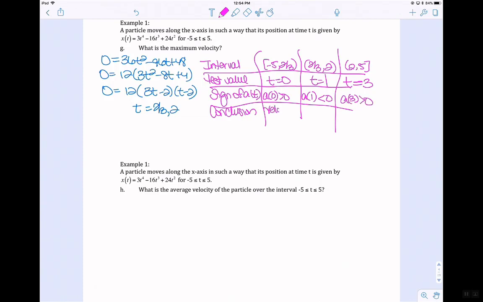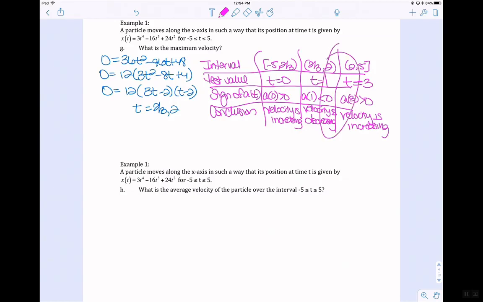So then my conclusion will be velocity is increasing. Velocity is decreasing. And velocity is increasing.